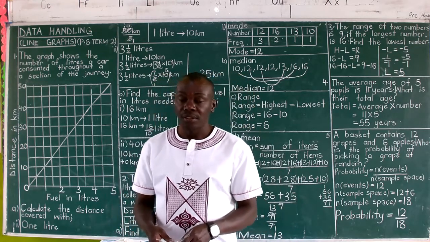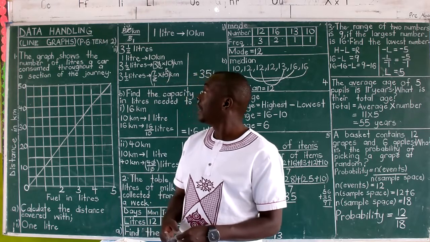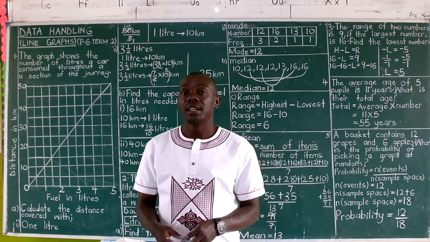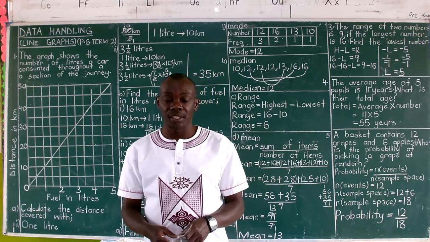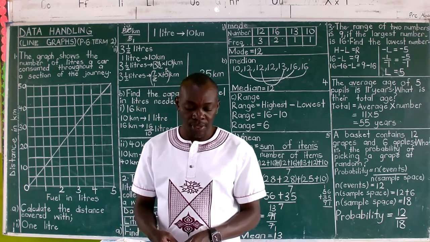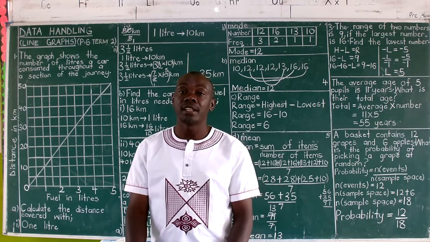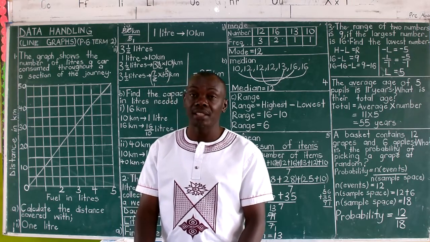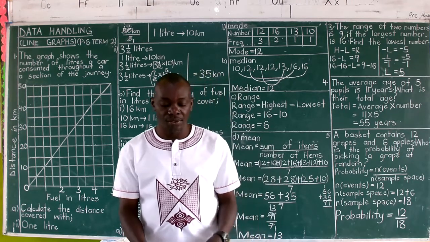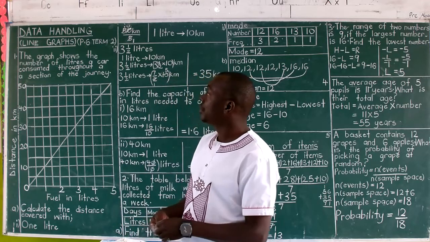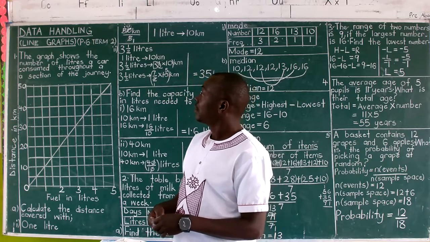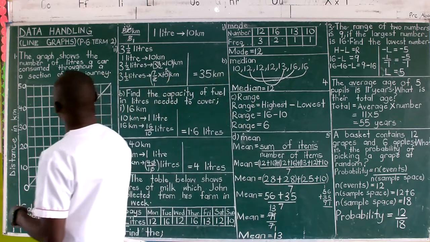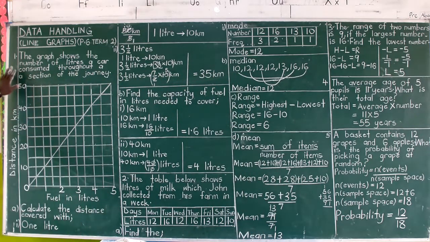And now we are starting with a line graph, and when you watch this lesson successfully, you will be able to answer all the activities from page 64 all the way to 71 of our book, Term 2, P6. We are starting with example number 1 about the line graph.